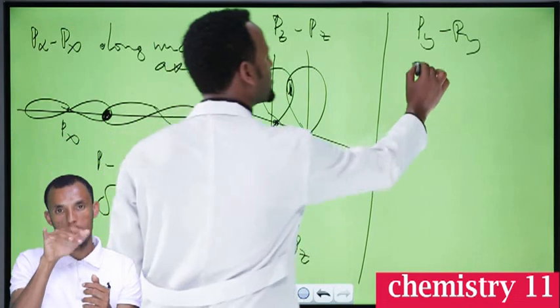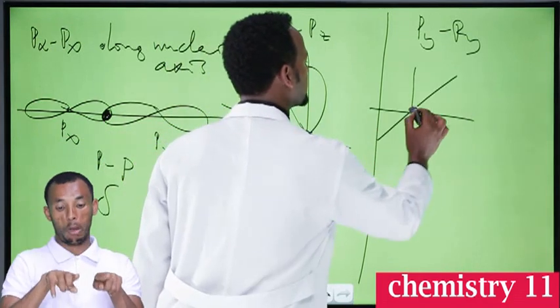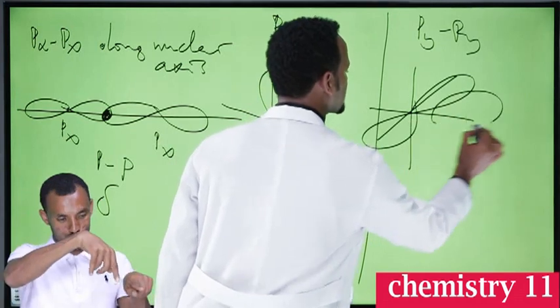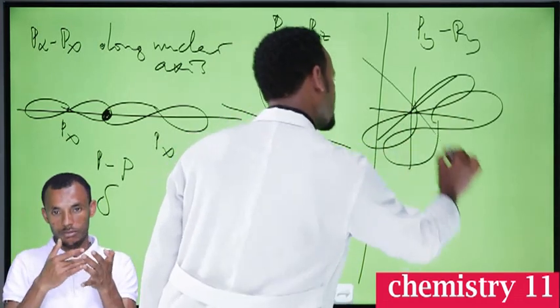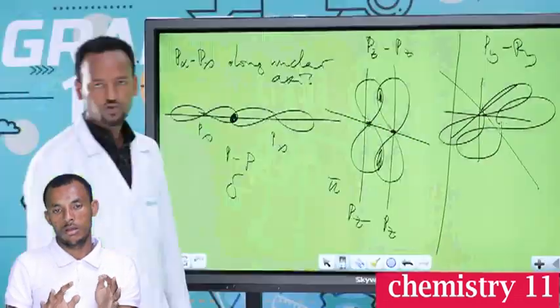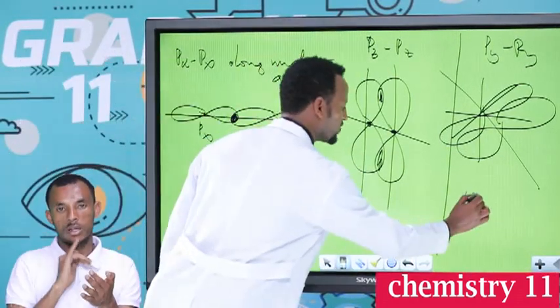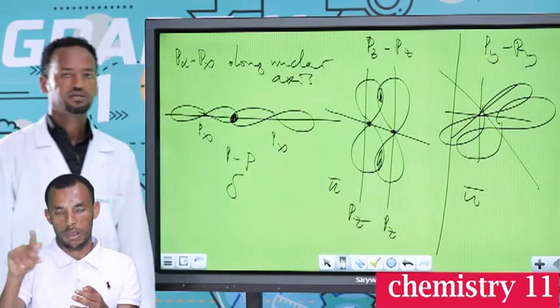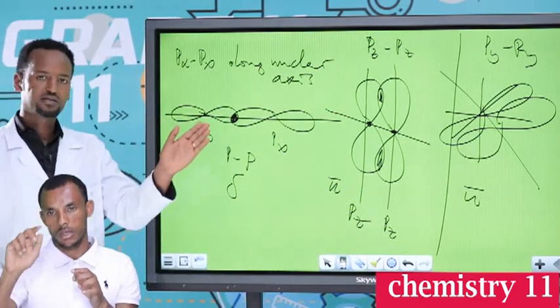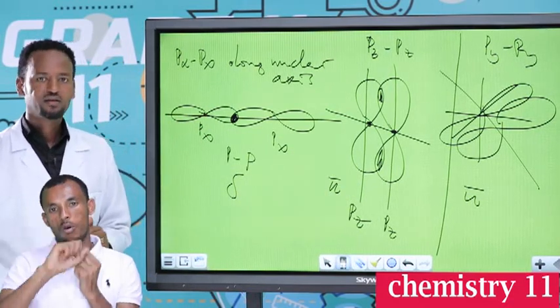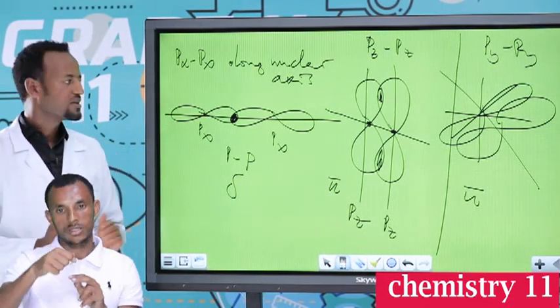Similarly, Py with Py. This is Py. Another Py can be formed. The overlaps are here. When a line is passing through the center, the overlaps are above and below the nuclear axis. Therefore, PP forms sigma, yes, along nuclear axis. PP forms pi, yes, parallel or sideway.